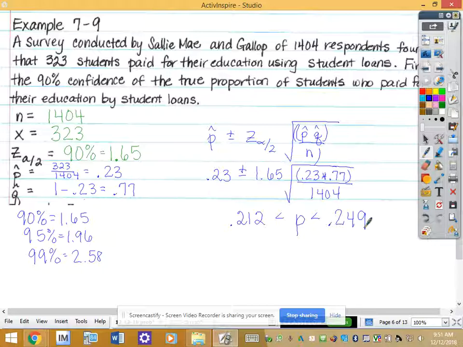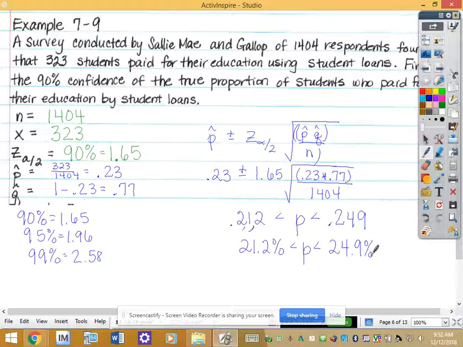So it asked me for the confidence interval. It did not say I had to do a percentage, but if I were to do a percentage and move this over 2 places, that would be 21.2% to 24.9%.